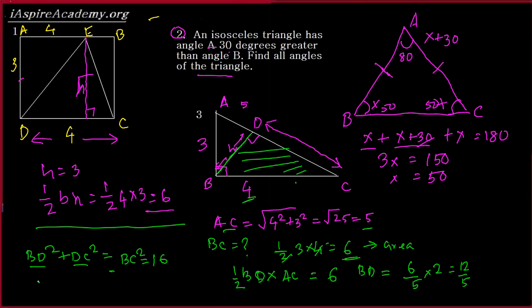So that means DC square equals 16 minus 12 by 5 whole square. So this would lead to 16 minus 144 by 25. So that is equal to DC. You can find it out with the help of a calculator.